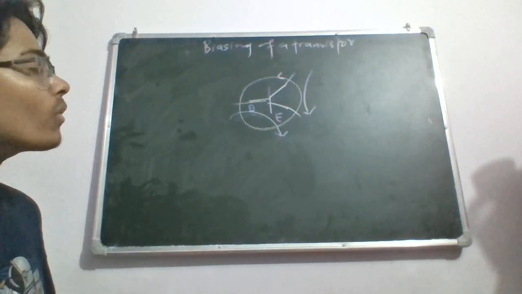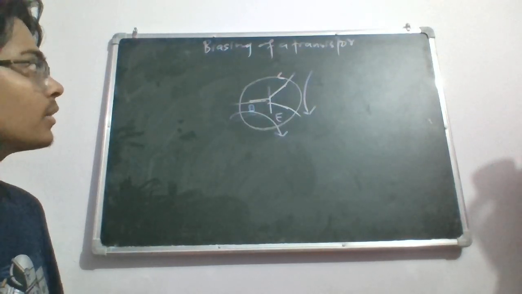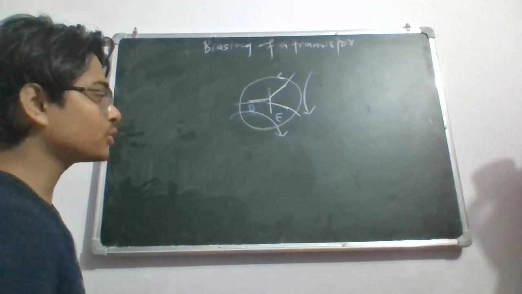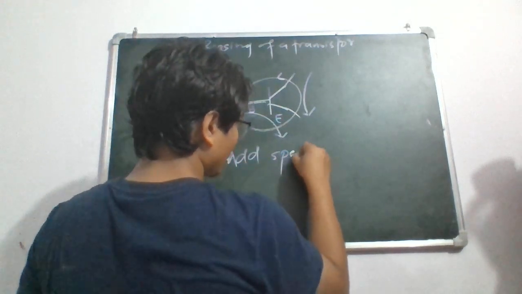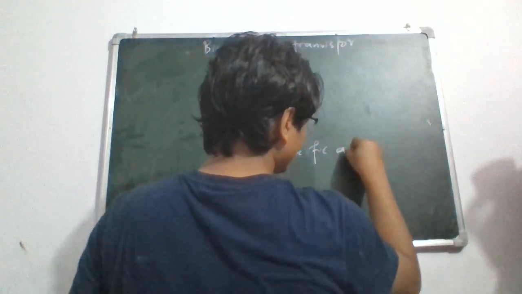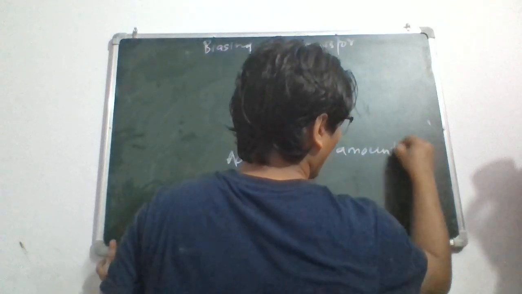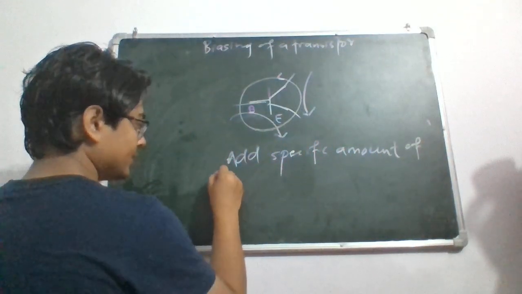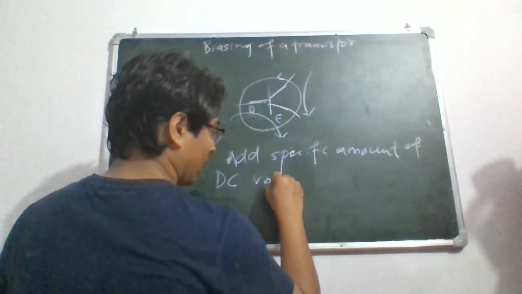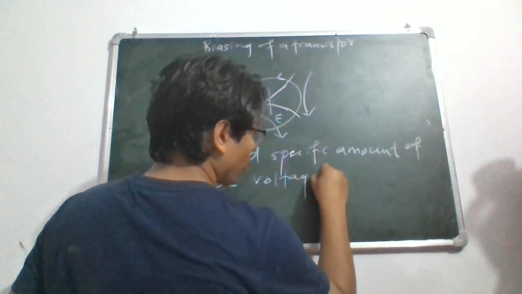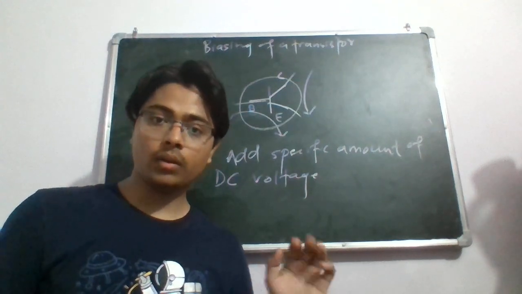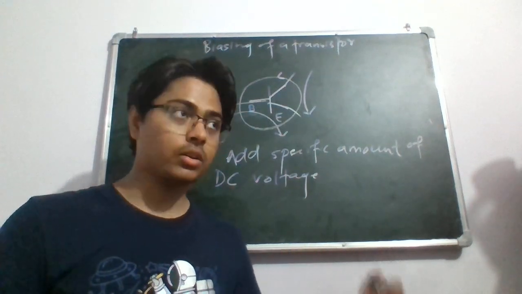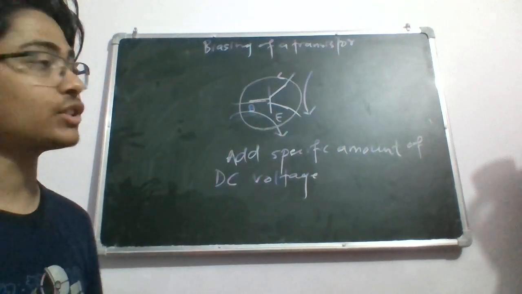Now, if I say the biasing of a transistor means to add a specific amount of DC voltage so that the operation of the transistor is available, or such that the transistor works.